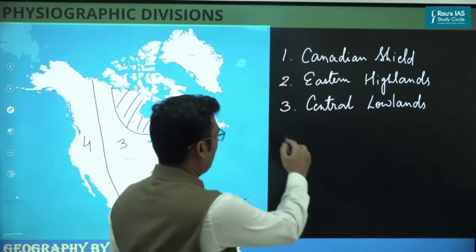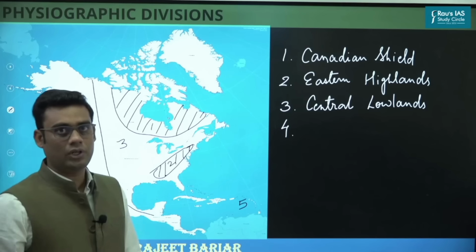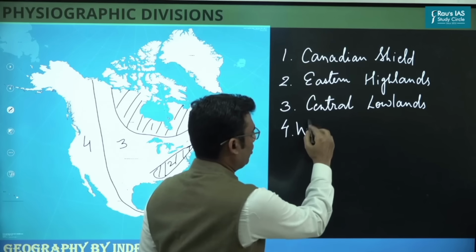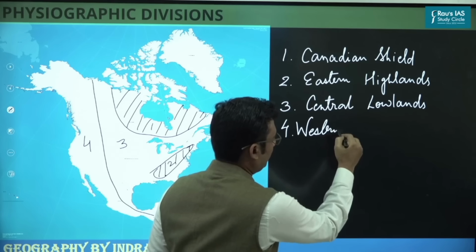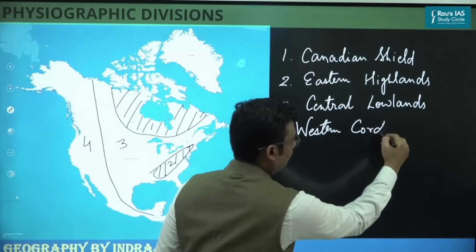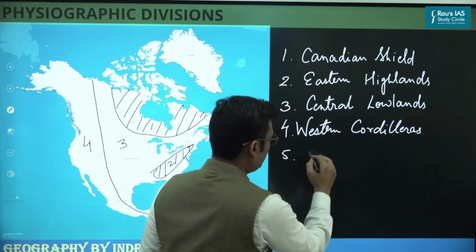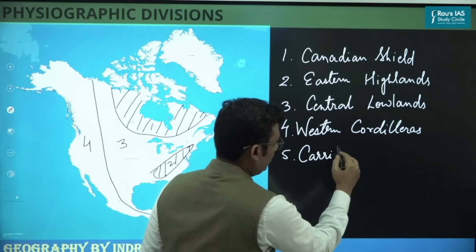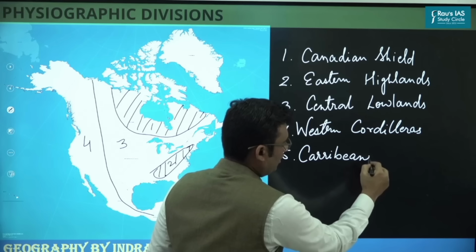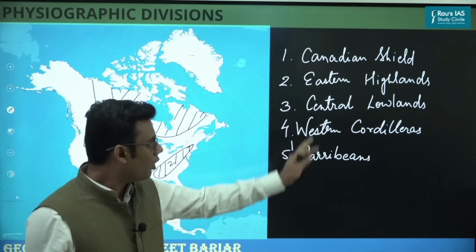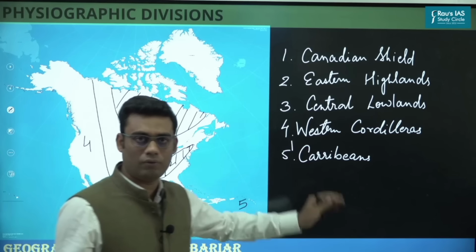After this, the fourth division that you see over here is what we call the Western Cordilleras. And then comes the fifth division, which is Caribbeans. So now this is the list of all the 5 physiographic divisions of North America.